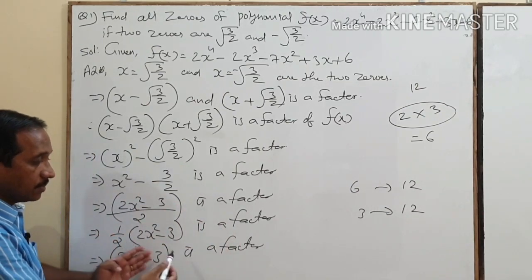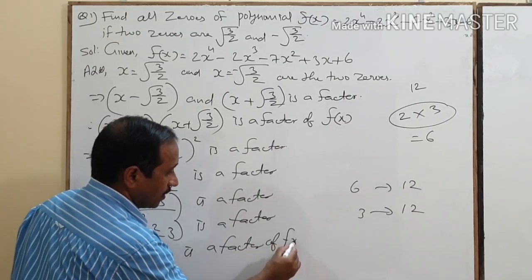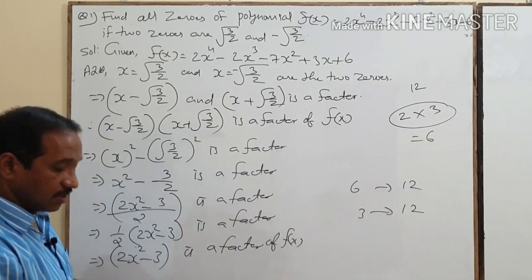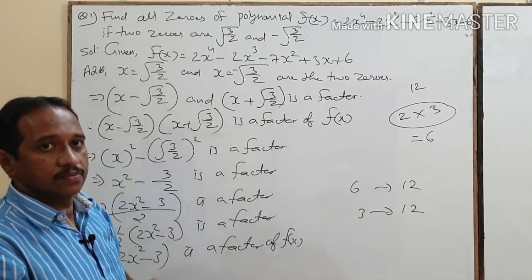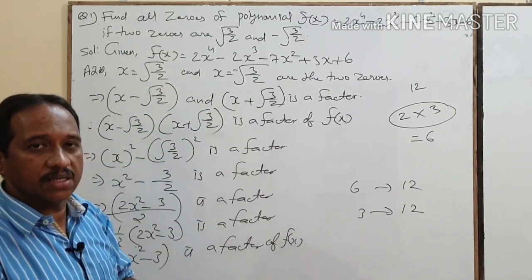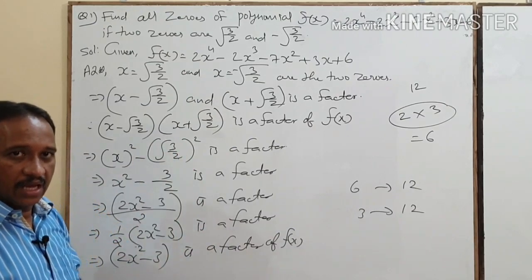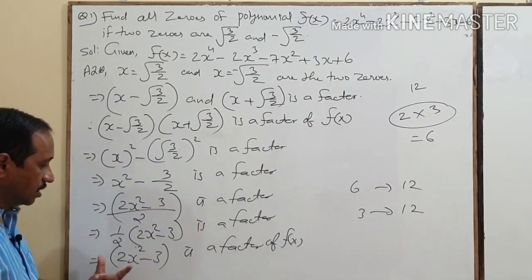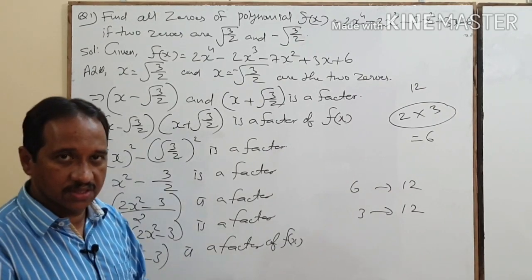Then 2x square minus 3 is also a factor of f of x. Here, from two zeros, we got two factors and we multiplied the two factors to get one factor, and finally we are getting 2x square minus 3 is a factor of f of x.